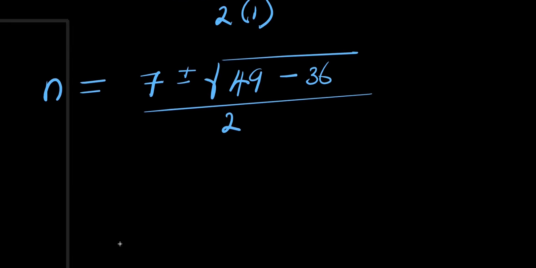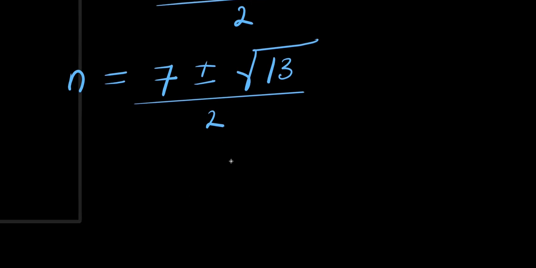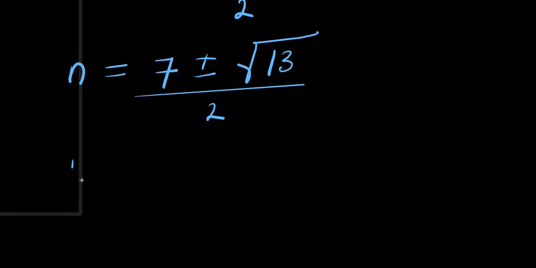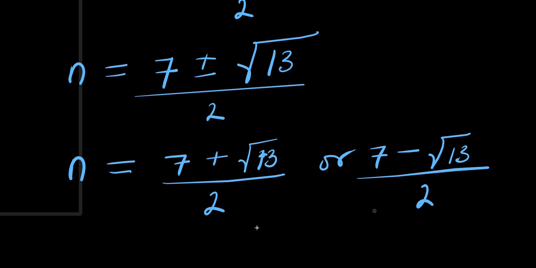So from here, I have n equals 7 plus or minus square root of 49 minus 36, that is 13, so I have 13 here, divided by 2. So from here, I have n equals 7 plus root 13 divided by 2, or 7 minus root 13 divided by 2.